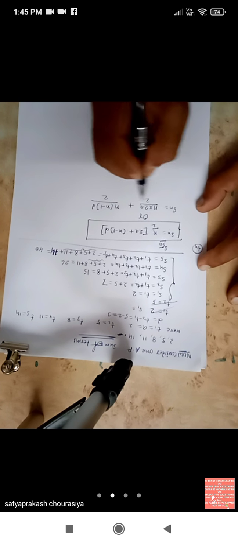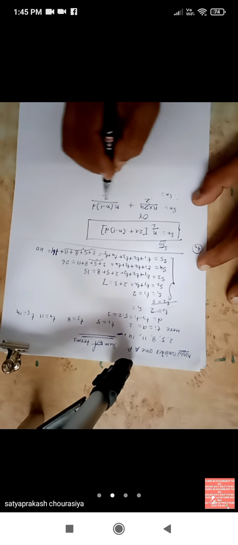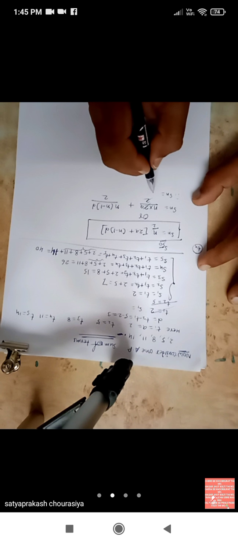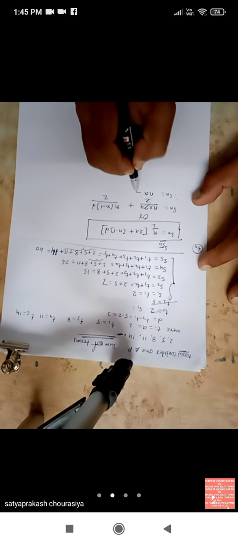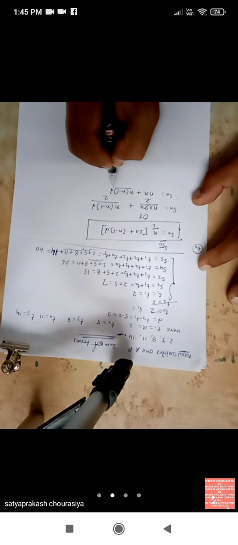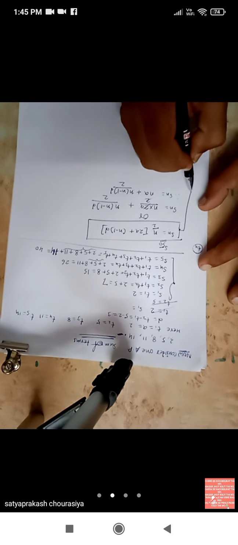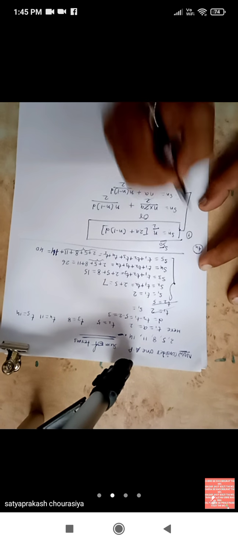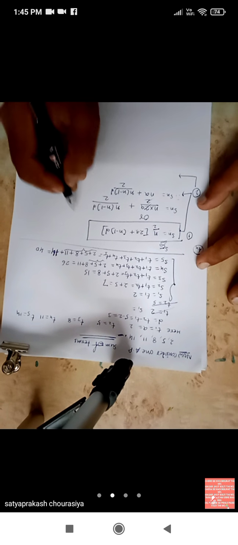Now here 2 gets cancelled, so Sn is equal to na plus n into n minus 1 bracket close d upon 2. So this is another form of this formula. This is the first form, this is the second form, and now it's the third form, okay.